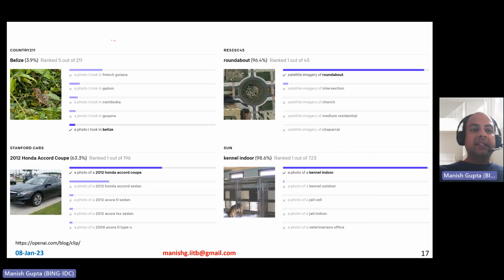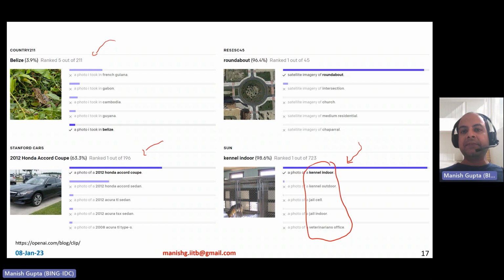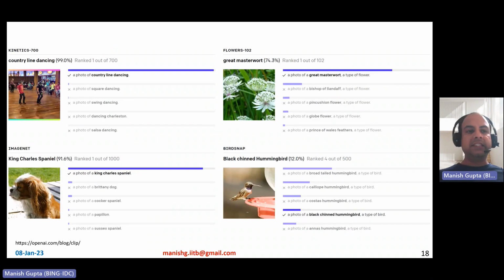Country211 data set, about where you find these kinds of animals, which countries, or a cars related data set. An indoor, outdoor, place-related data set, the type of place, right? Satellite image data set, so this is a satellite image of what kind of thing? A church or a roundabout or an intersection and so on. Human activity Kinetics data set, ImageNet, the traditional ImageNet of course, Flowers data set, birds data set.